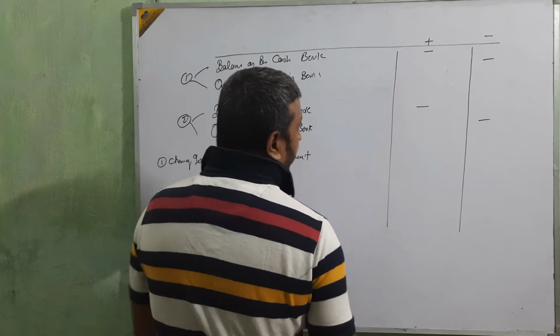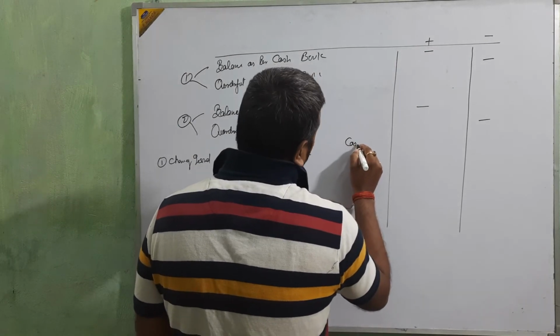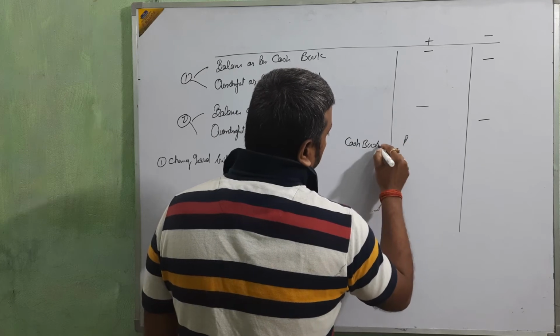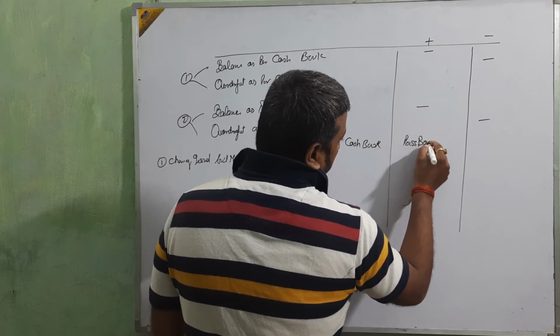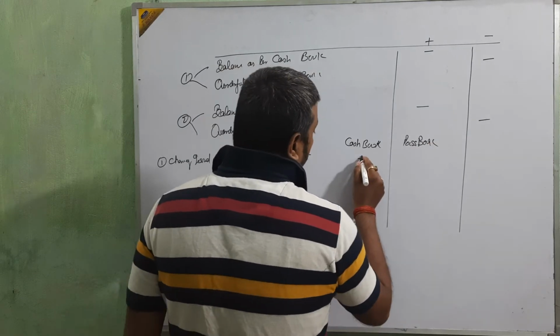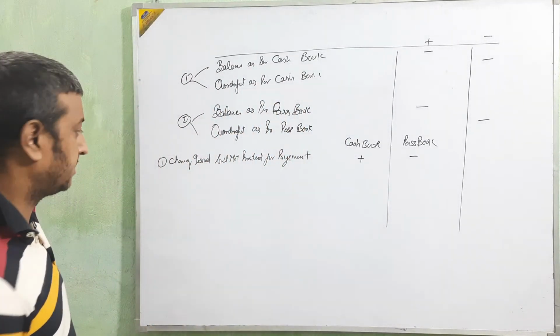In the case of cash book, cheque issued but not presented for payment is plus, and in the case of passbook it's a minus.